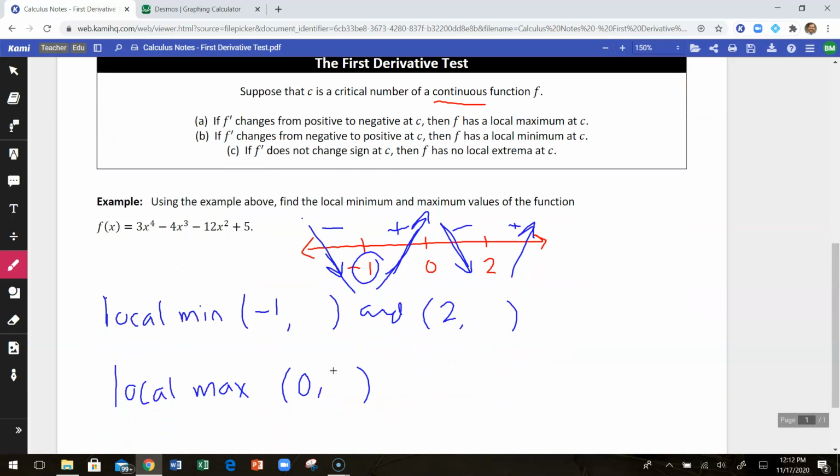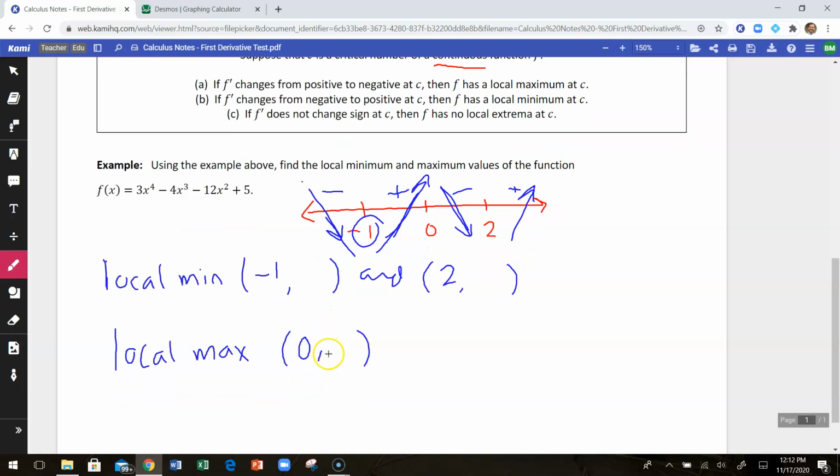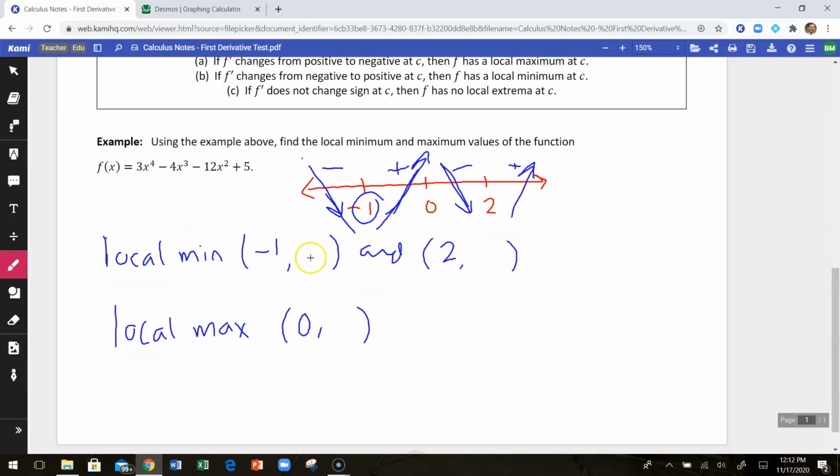So what we want to do is to find the actual coordinate point. I'm going to take each of these x coordinates and plug them into my original function. If I plug them into my original function, I can get the y values there of my local max and local mins. 0 is easy. If I plug in 0, I get 5. So that tells me there's going to be a local maximum at (0, 5).